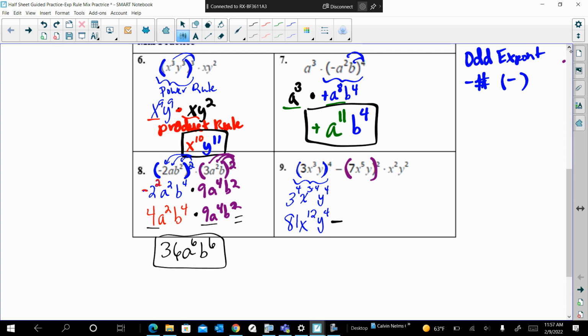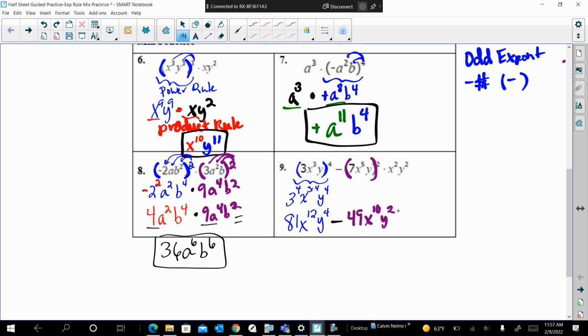All right, what's the next one here? What does this turn into? 49. Yeah, 49. To the 10th power. Y to the 2. Yeah, y to the second power, or y squared, yes.